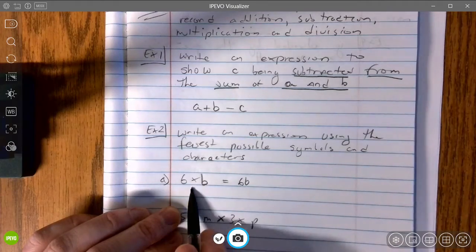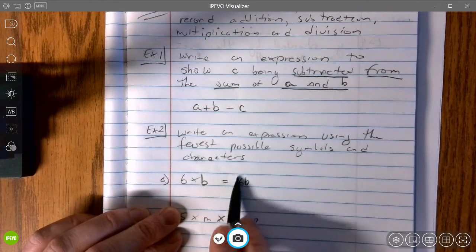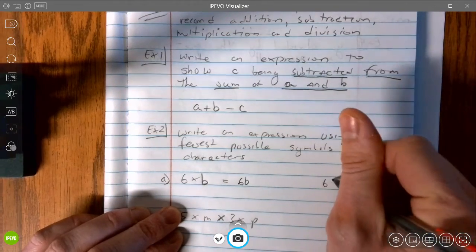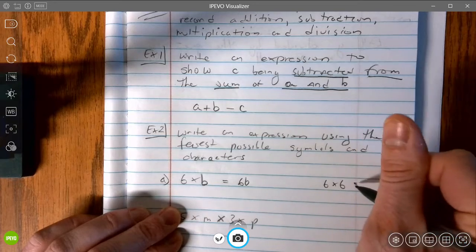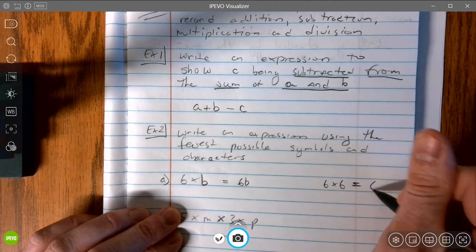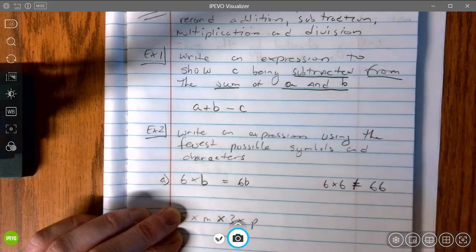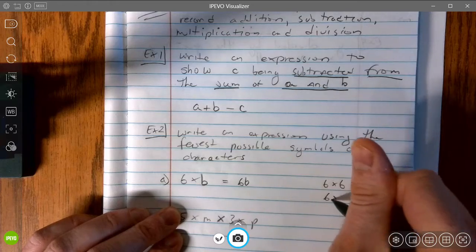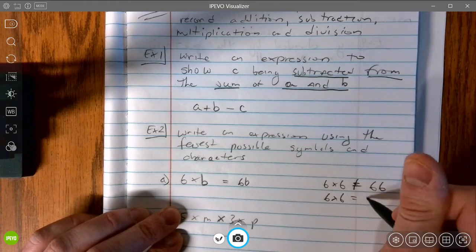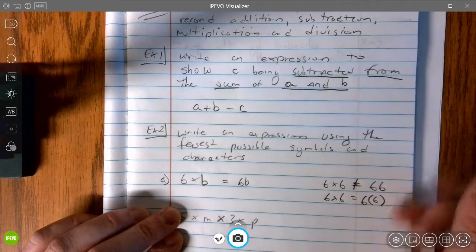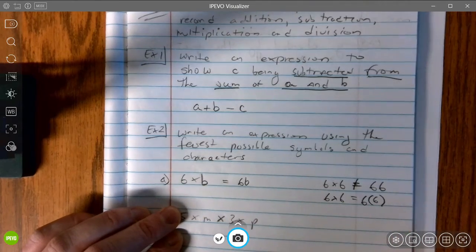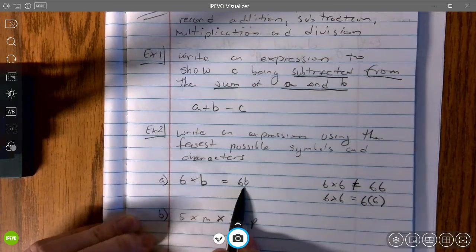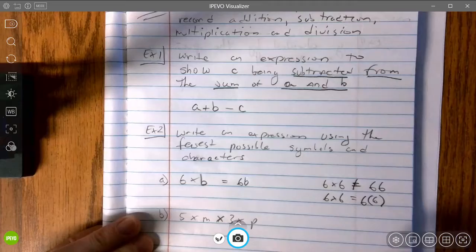I can't put this in this form if I have two numbers. If I said, for example, 6 times 6, I couldn't write that as 66. That would not be true. But if I wanted to say 6 times 6, I could use parentheses. So if I have a number and a variable, I can just write them next to each other, and that tells us that we're multiplying.